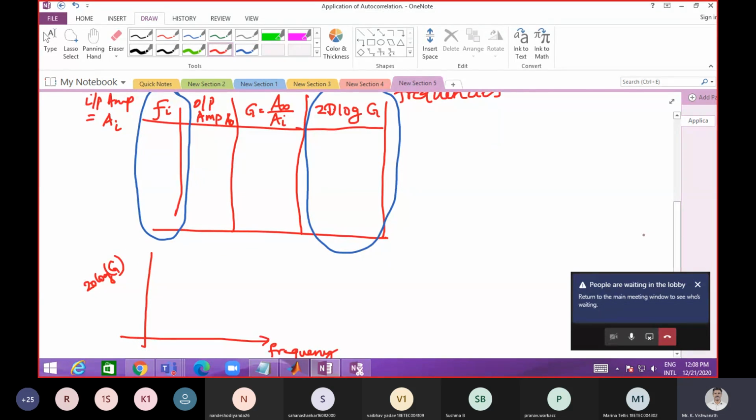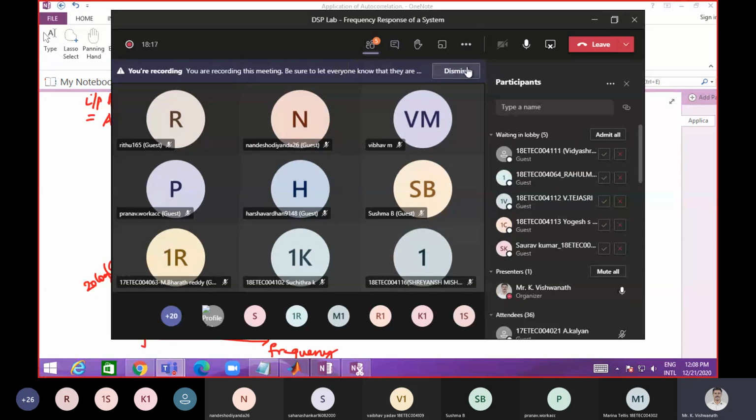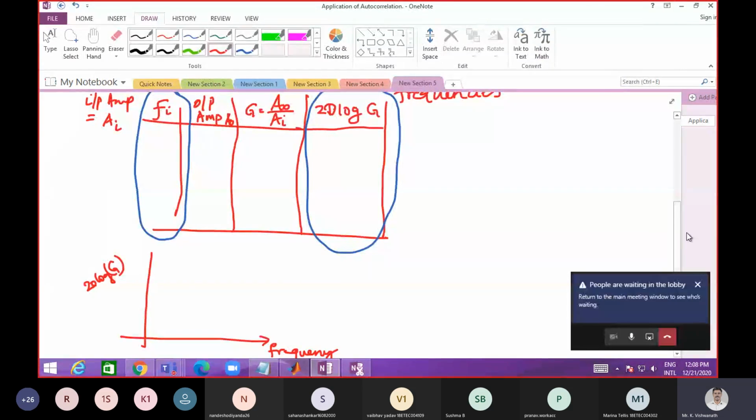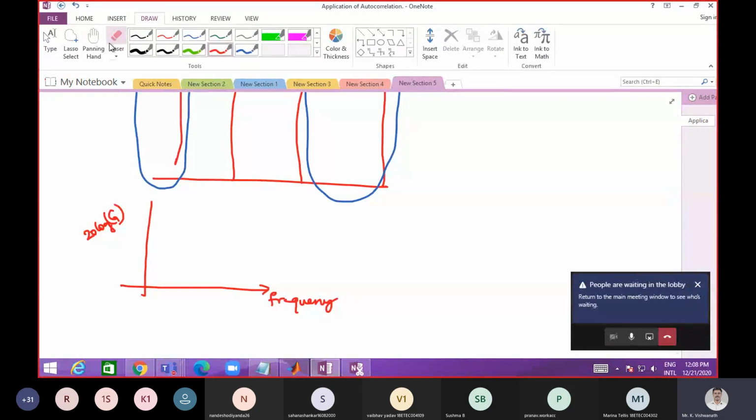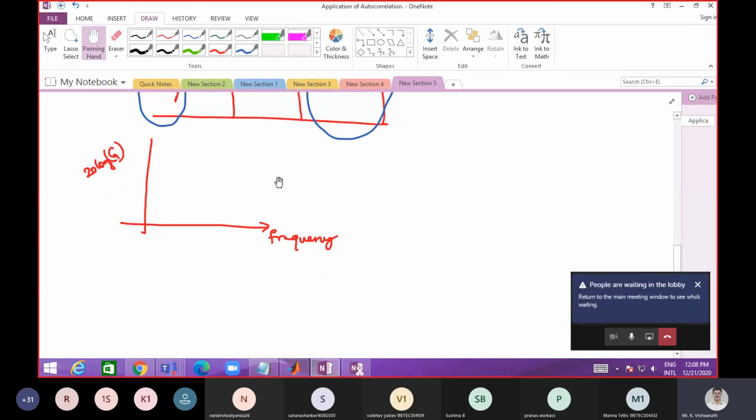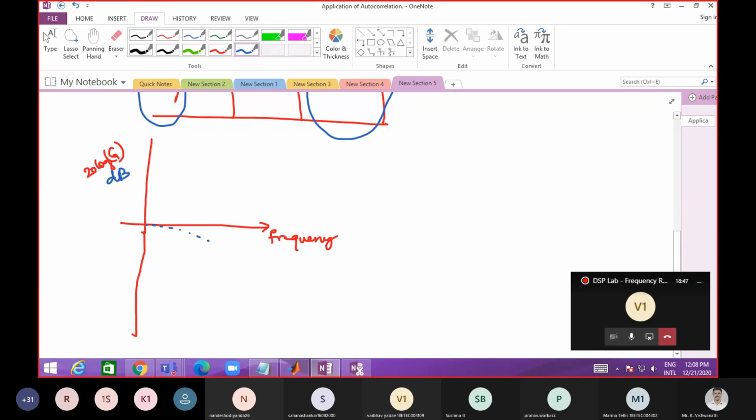You would have done multiple filter experiments or amplifier experiments. In those experiments, you would have got various curves, and the shapes of the curves would have been different. It is in dB, decibels. You might have got curves like this. This is one kind of filter response.